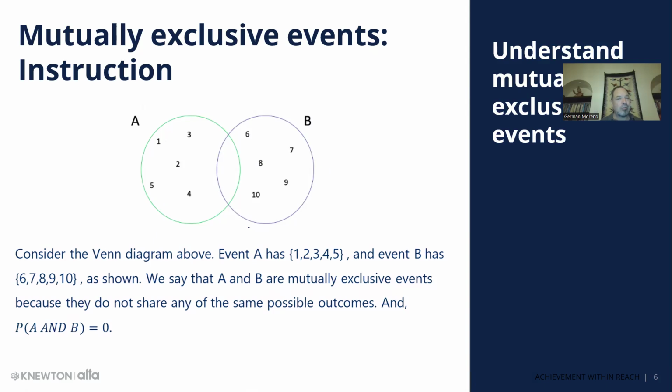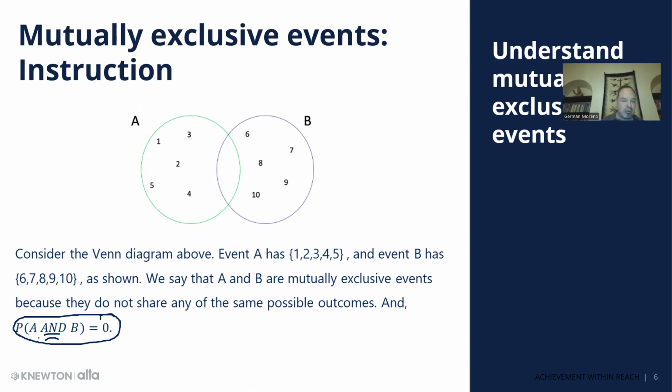And actually, if we were to draw these, we would not draw them overlapping in any way, even though they've done it that way. But really key is that the probability of A and B is zero. There's nothing in the intersection. That's key to knowing whether two events are mutually exclusive.